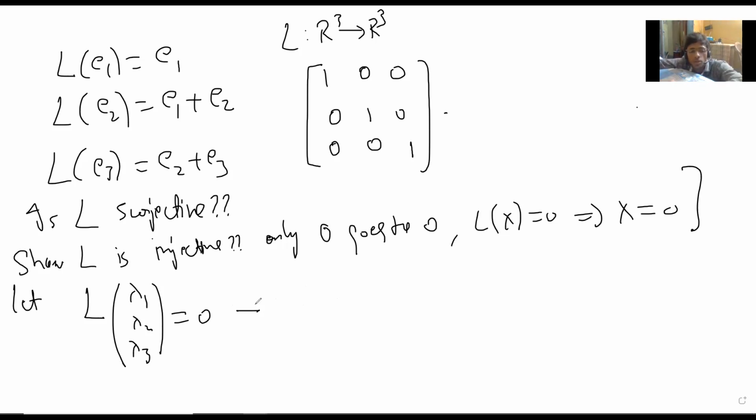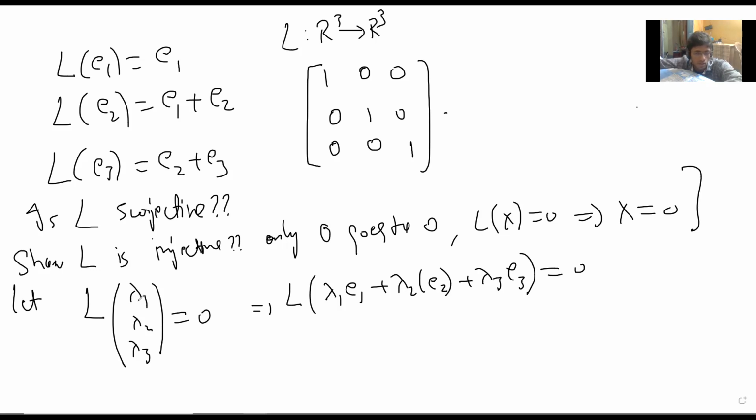This basically means lambda 1 E1 plus lambda 2 times E2 plus lambda 3 times E3 goes to 0. Okay, so this is what it means. Some input goes to 0. Not injective means some input goes to 0.